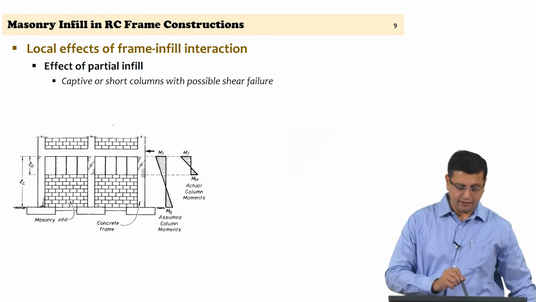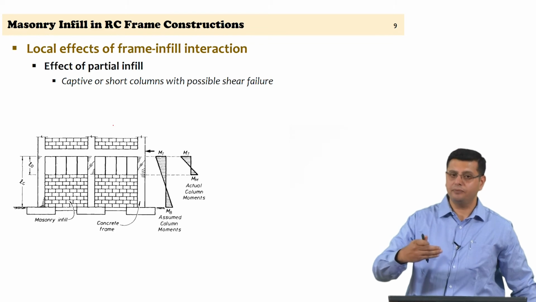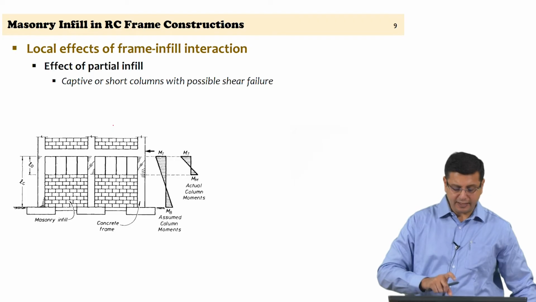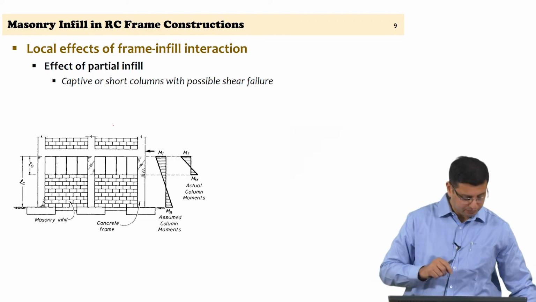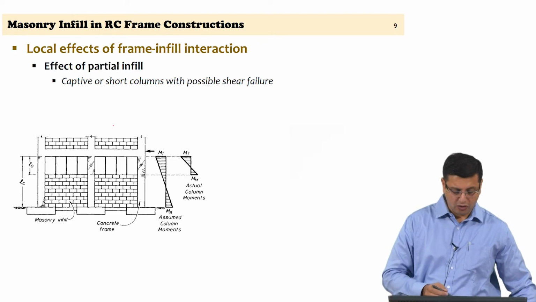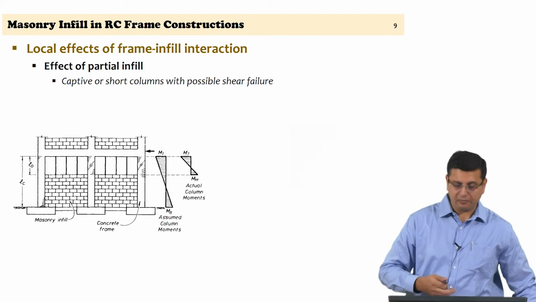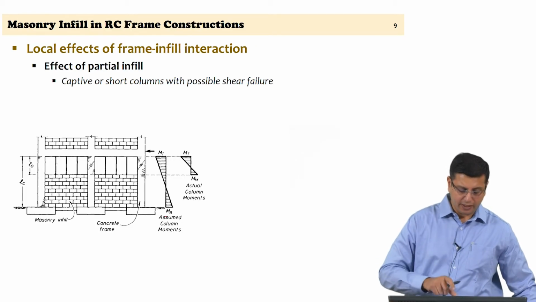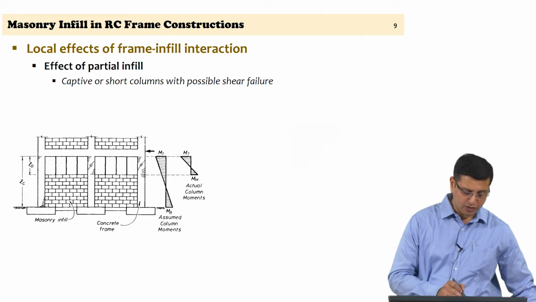In this case, the panel itself to begin with is of a geometry because of the openings, creating a short column effect in the reinforced concrete frame. So, if you were to consider a bare frame versus a frame which has a partial infill, there are additional moments coming at these critical zones, like the sliding shear failure that we saw earlier.